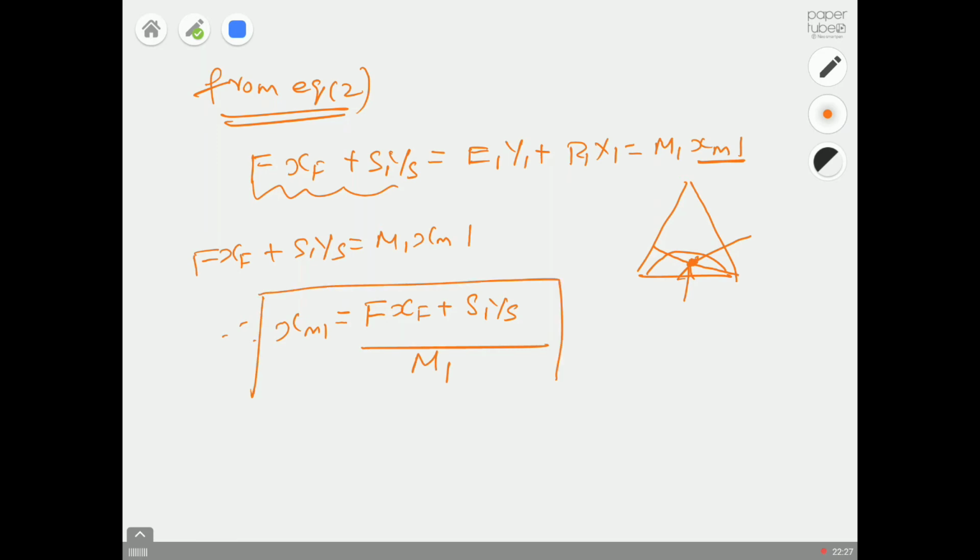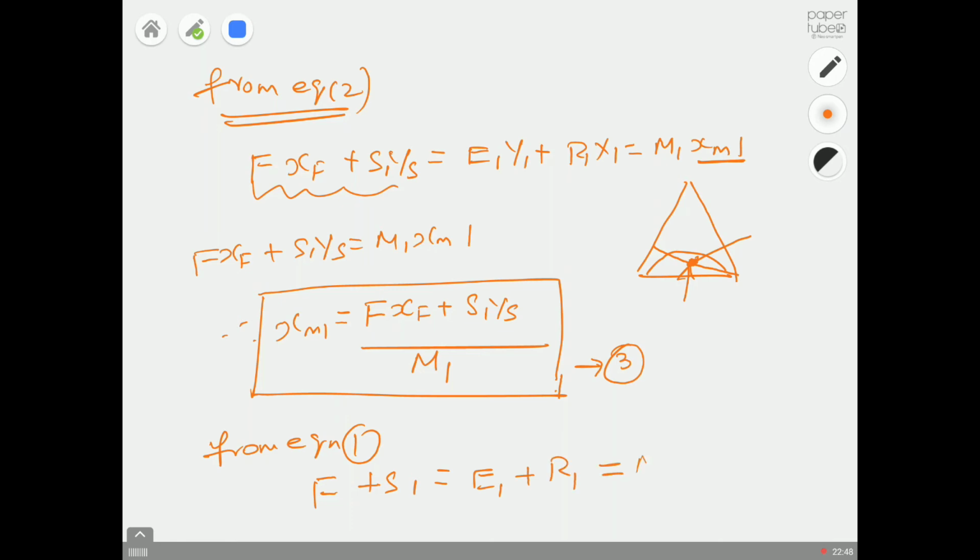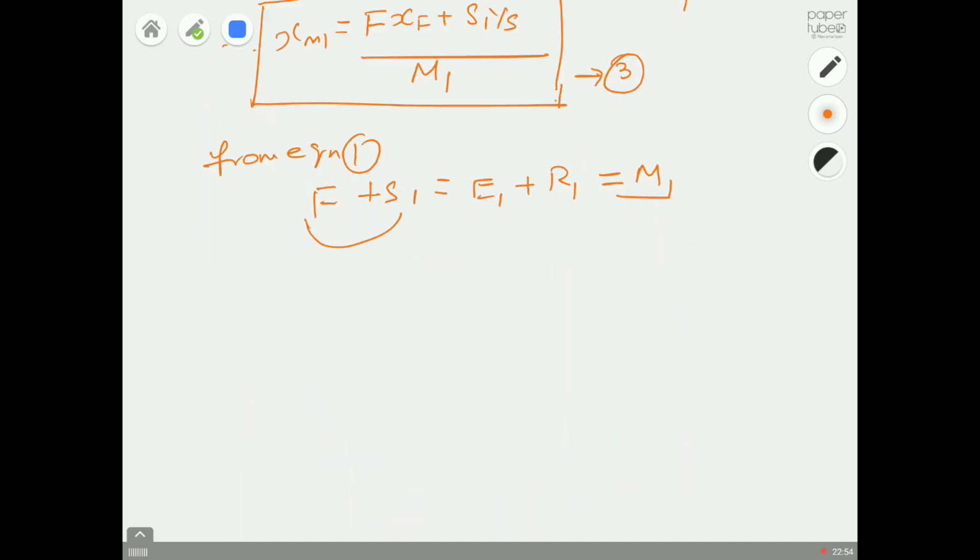This is very simple. Let's call it equation 3. And we know from equation 1, what is equation 1? F plus S1 equal to E1 plus R1, that is equal to M1. Or in other words, we can take only this part: M1 is equal to F plus S1.